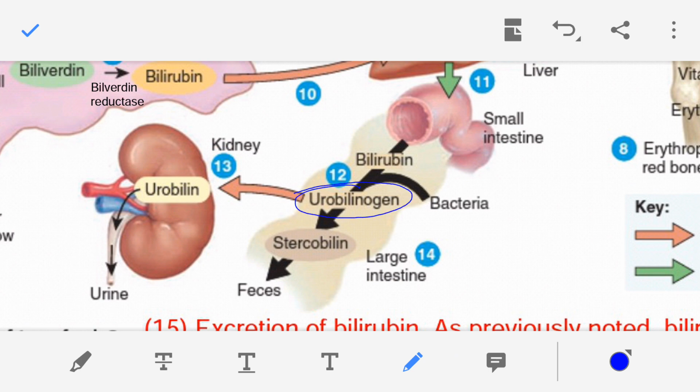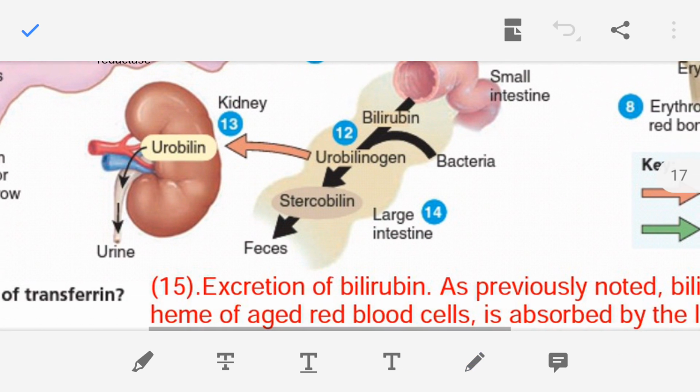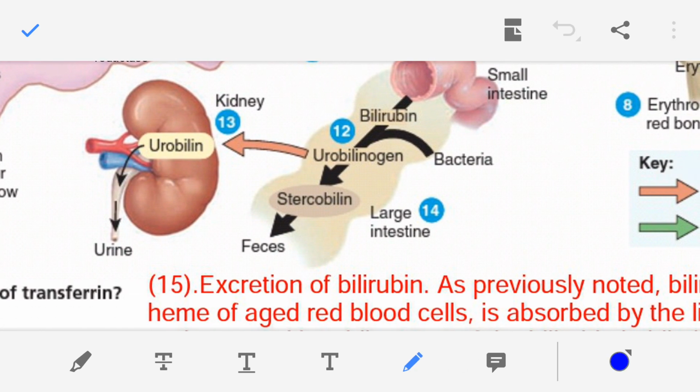Urobilinogen enters the kidney, and it is converted into urobilin, and this urobilin is excreted in the urine outside our body.